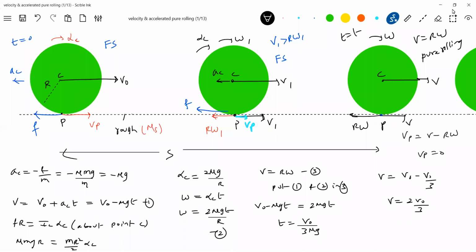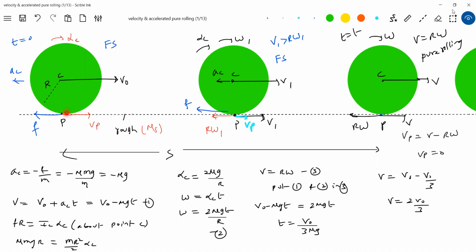Now, what is the distance covered by it to attain pure rolling? How to find out? Now you have to ask a question like, how to calculate distance? Distance moved by P or the center of mass? Center of mass is enough, no? How much distance is moved by the center of mass? That is S_C. But sir, point P will not move horizontally. How will point P move?